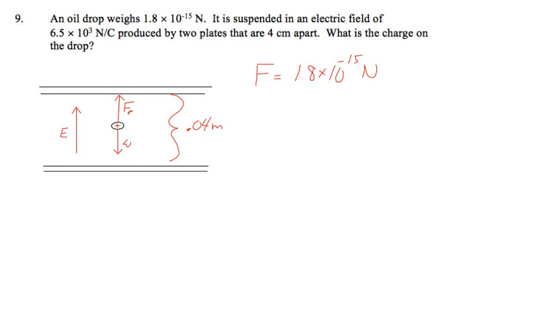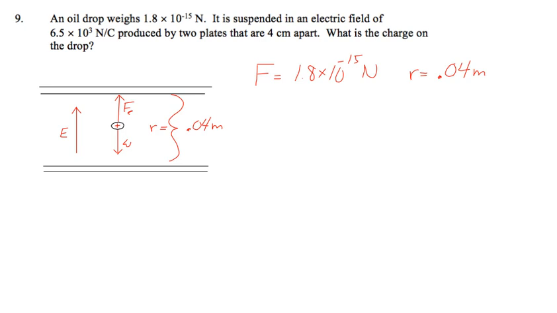We need it to be in meters. This will be our R, so the R is 0.04 meters. And the charge that we're solving for would be the test charge.